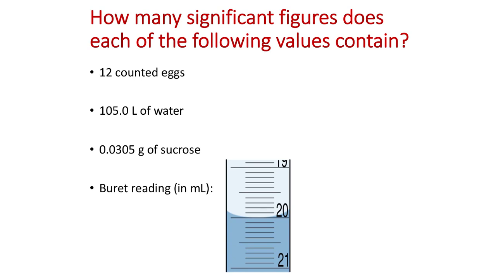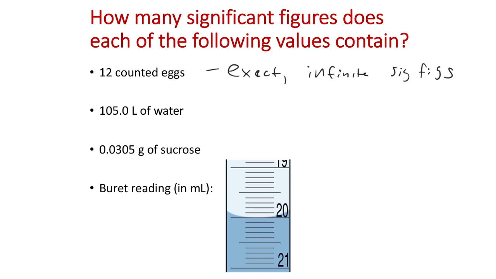Okay, so let's just think about significant figures and start thinking how we would count the number of significant figures there are in a given quantity. So 12 counted eggs. We have a dozen eggs. We have exactly 12 eggs. I can count them very easily. And so this would be an exact quantity. Infinite sig figs.